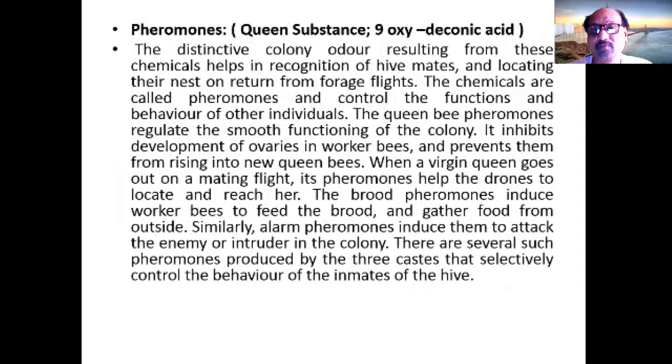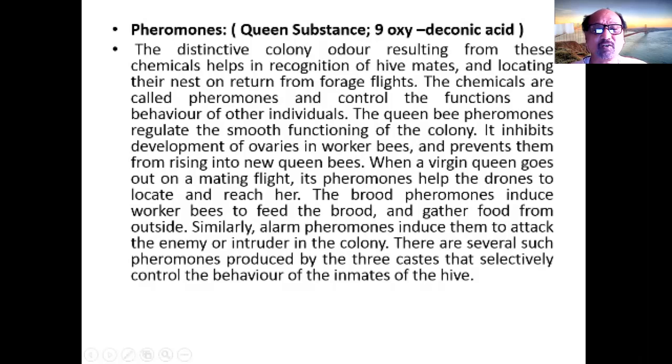The pheromones, the queen substance, are known as 9-oxydecanoic acid. The distinctive colony odor resulting from these chemicals helps in the recognition of hive mates and in locating their nest on the return from forage flights.